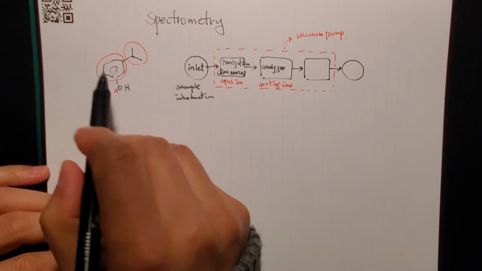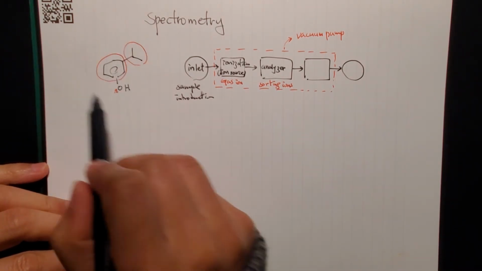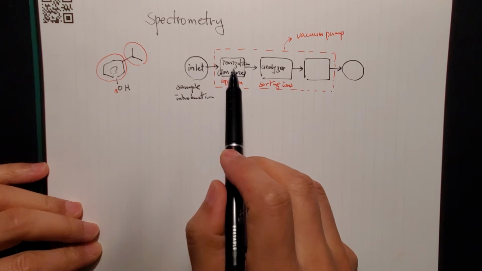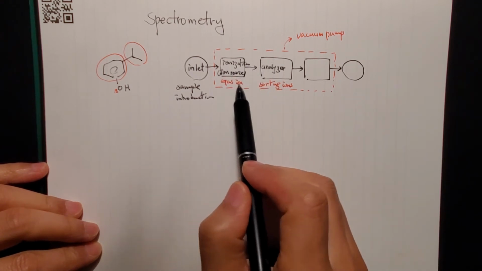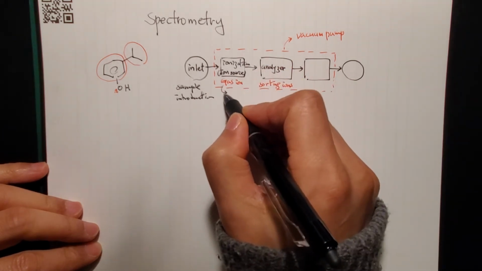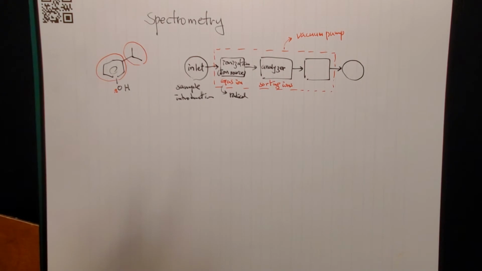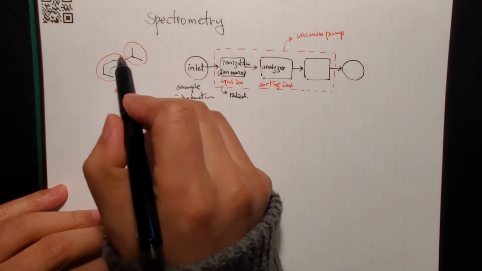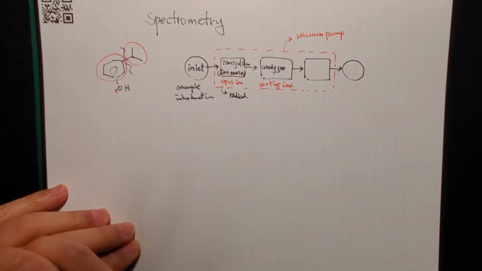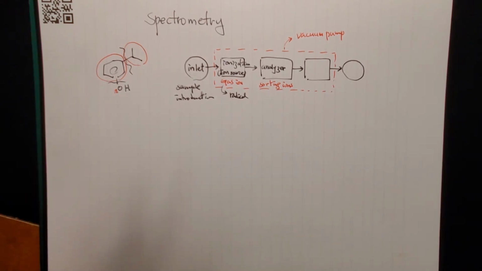Like you saw before, if we introduce this sample and ionize it, it will turn into a gas, ion, and also radical. Then it will start to get fragmented.